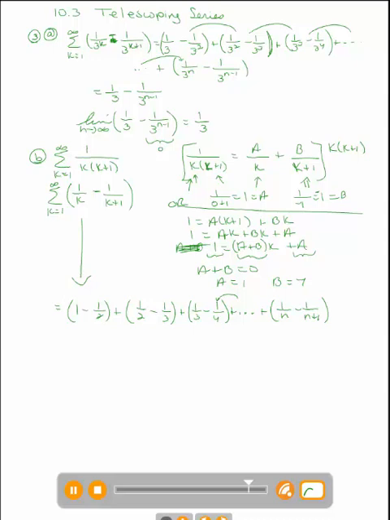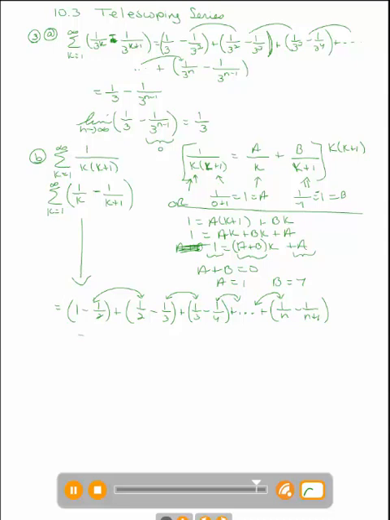Now I notice that the second piece of the first one cancels with the first piece of the second one. These two right here are going to wipe each other out. Then these two, and then this one with the next one, and finally at the end, the one in front of it with that piece.